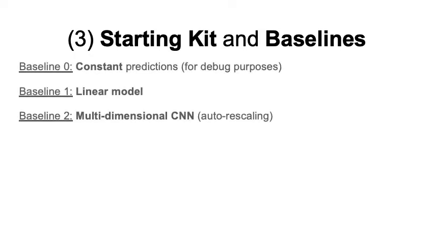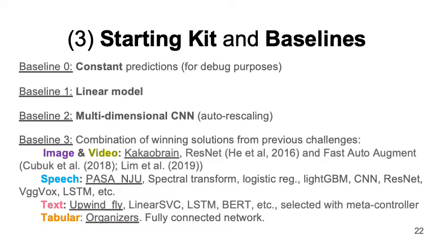In all challenges, we provided at least 3 baselines. 0 is constant prediction, 1 is linear model, 3 is multidimensional CNN with auto-rescaling. In the last AutoDL challenge, we also provided baseline 3, which is a combination of some of the best methods entered in the previous challenges. This also allowed us to check ahead of time that our datasets were properly formatted and the tasks were feasible.